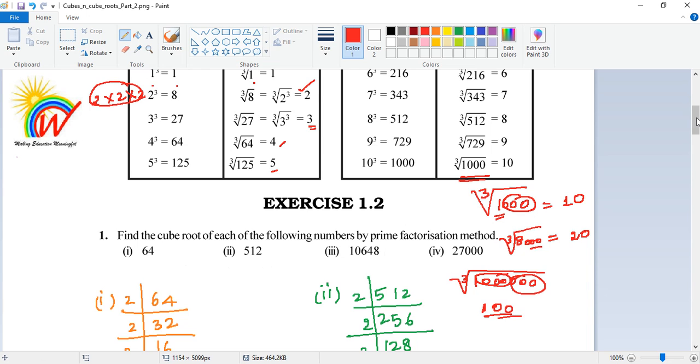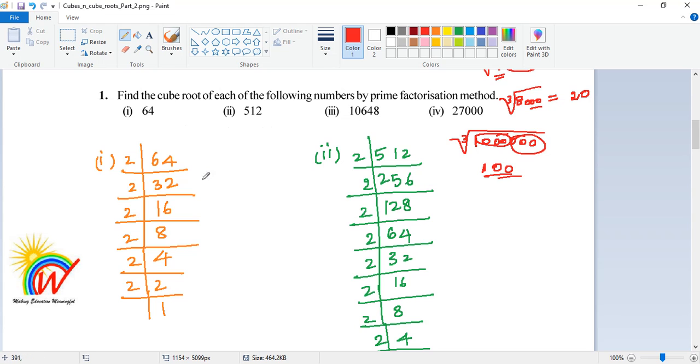Now I'll show you how to find the cube root of any number using prime factorization. This is the method. Take 64. 2 32s are 64, 2 16s are 32, 2 into 8 is 16, 2 into 4 is 8, 2 into 2 is 4, and 2 into 1 is 2.